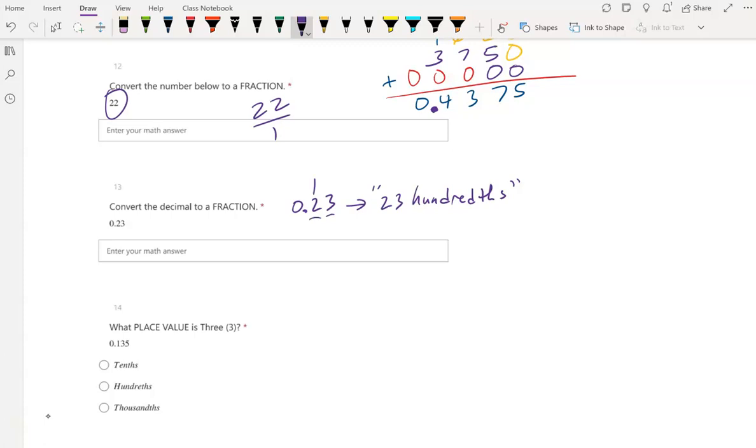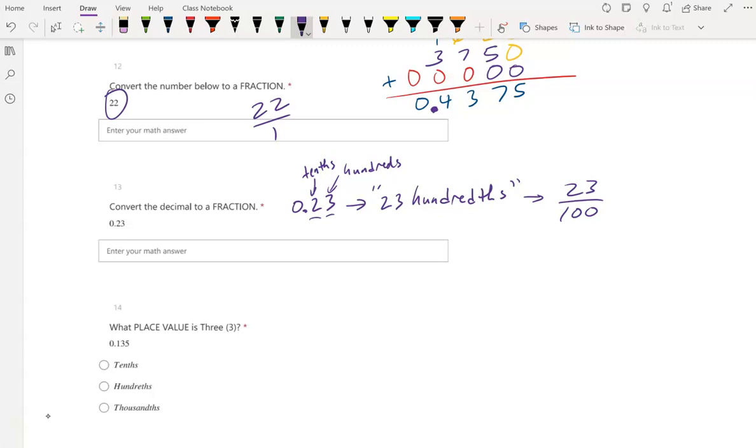The 2 is in the tenths place, and the 3 is in the hundredths place. But we read those 2 numbers together, 23, and it is 23 hundredths. Now, the cool thing about that is that 23 hundredths can be easily converted into a fraction. 23 in the top, 100 in the bottom. That is 23 hundredths. Very cool.